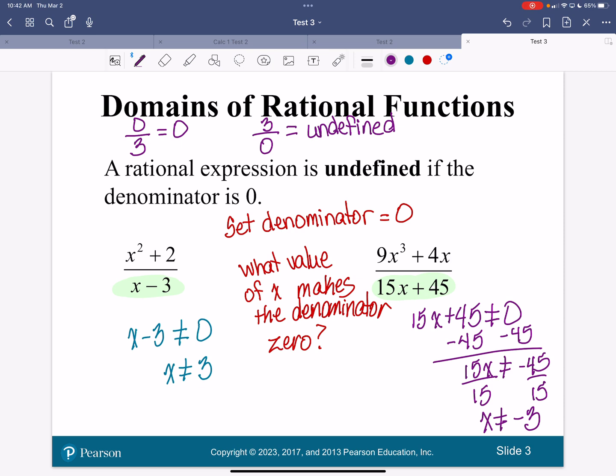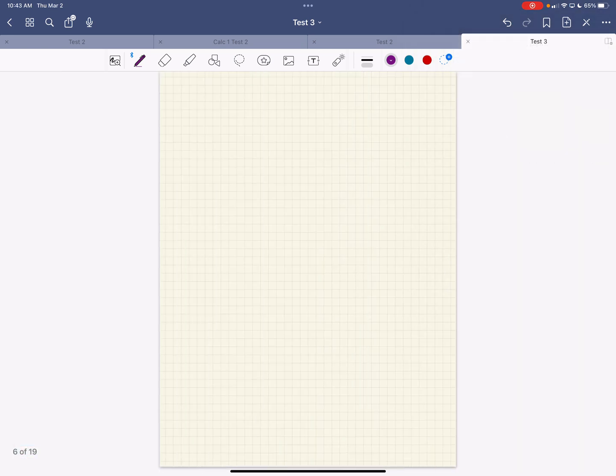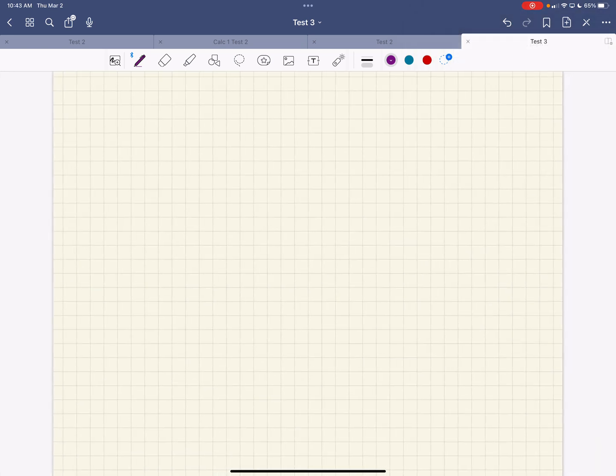Now I want to remind you about interval notation. So what we're going to do now is we are going to write our domains in interval notation. Okay, so for the first one, I got that x cannot be 3. And if I think about a number line right here, okay, here's 0.